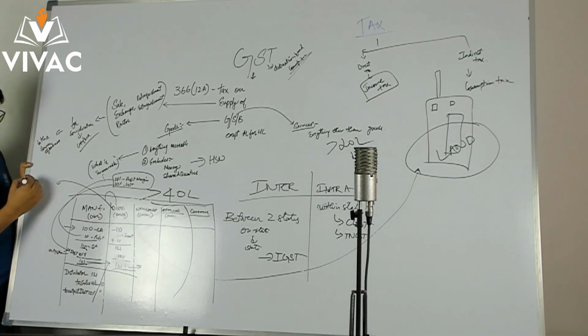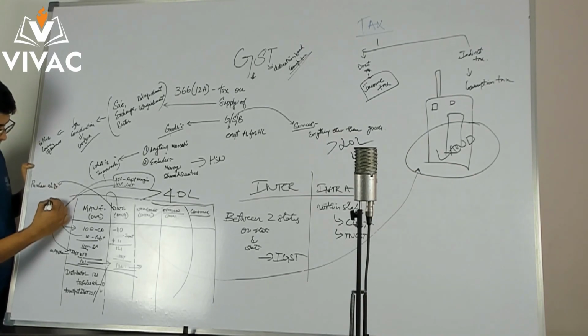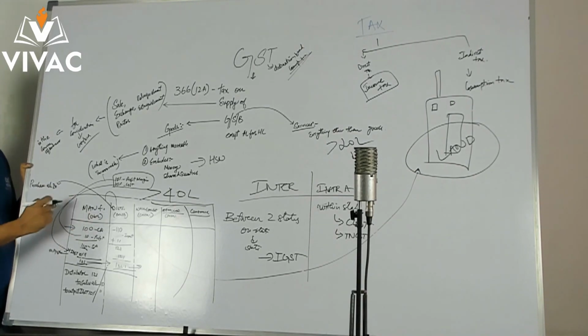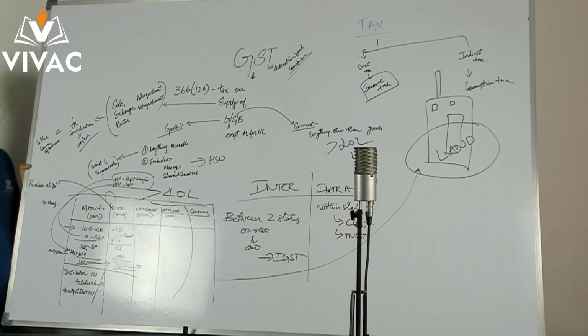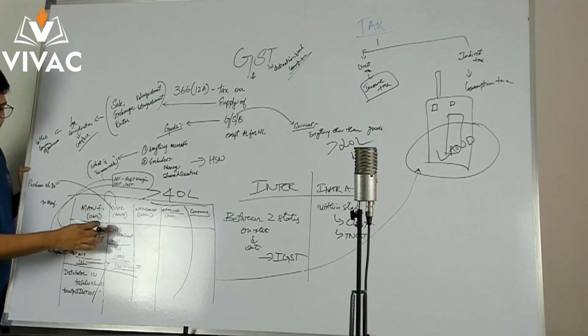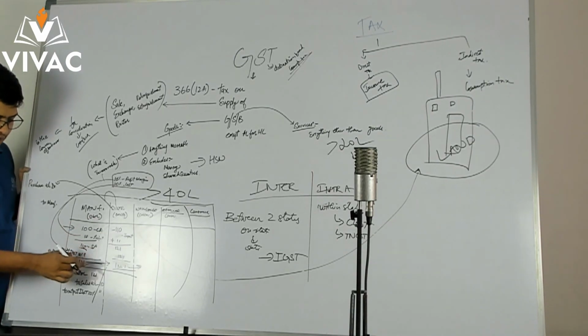What is our normal purchase entry? Purchase account debit to manufacturer, party. What is my purchase value? 121 or 110? 110. On what value are you calculating profit? This 11 is not your cost.